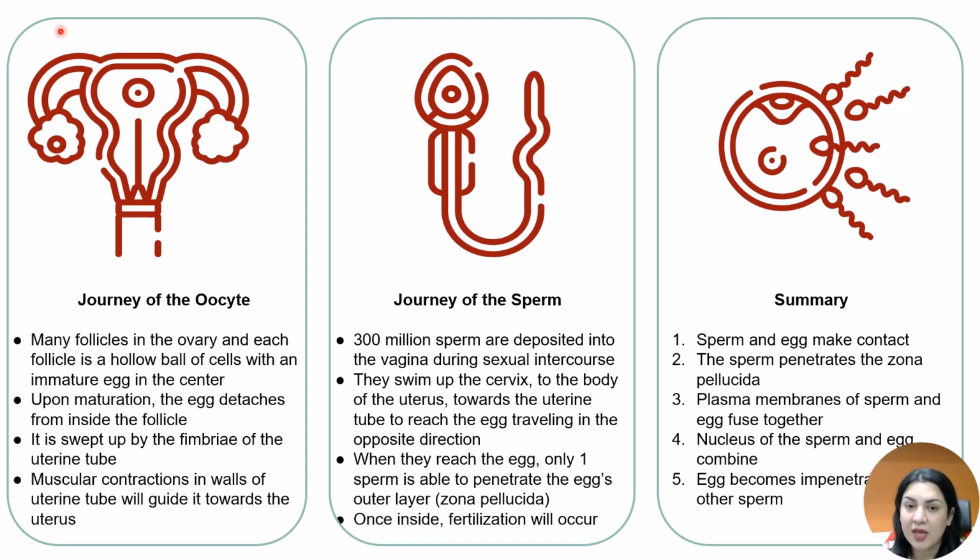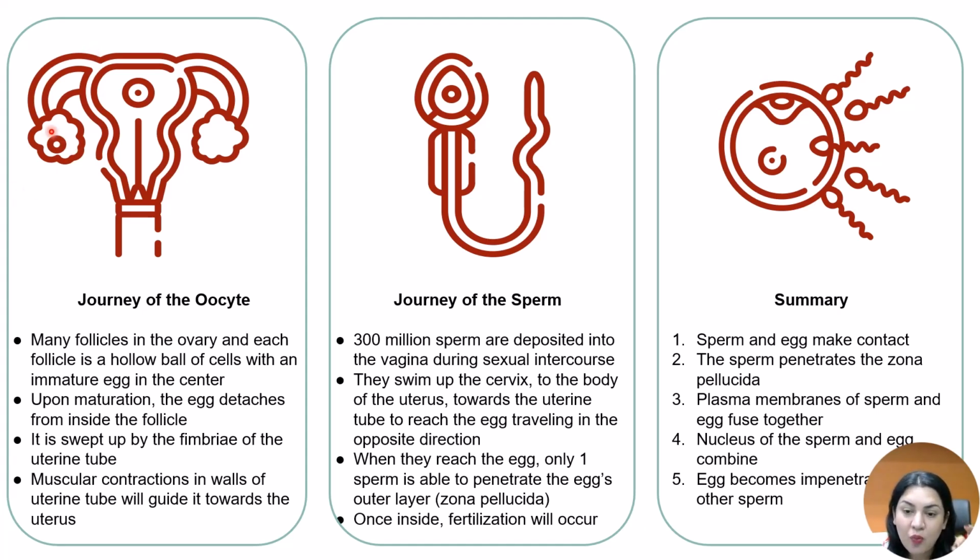By around day 7 of the menstrual cycle in women, all the follicles within the ovary that were growing stop growing, and they start to degenerate, with the exception of one follicle.